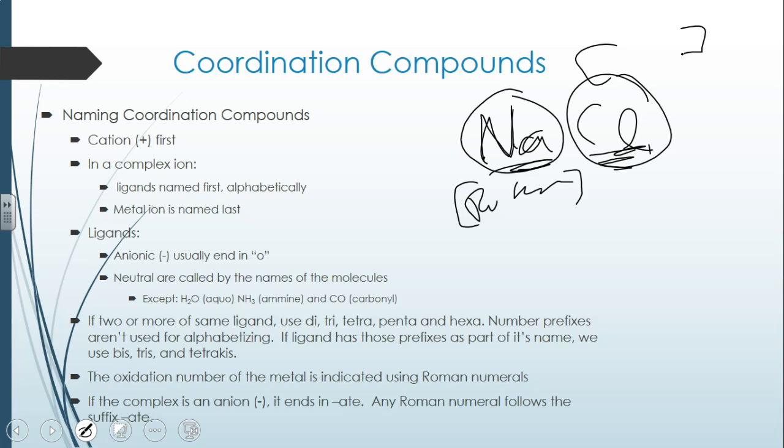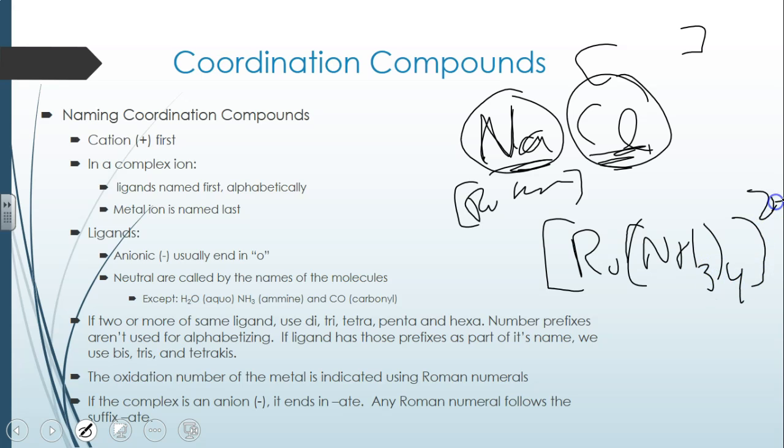One of the things that happens is that, in a coordination compound, let's say you have something like this. This is an ion, a complex ion.